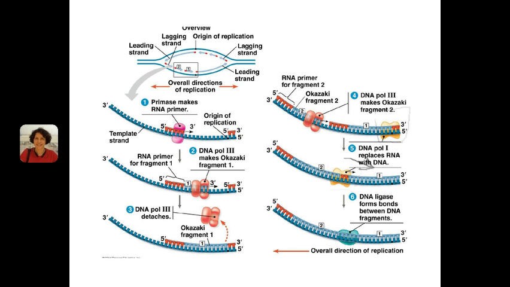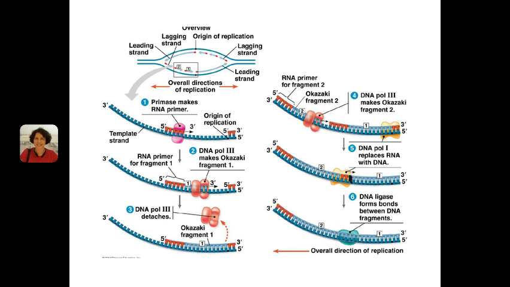And then finally, in the last drawing, this one here, we see how ligase is going to fill the nicks that are left in the strand between the last nucleotide put in by DNA polymerase 1 and the one that was from the previous fragment.